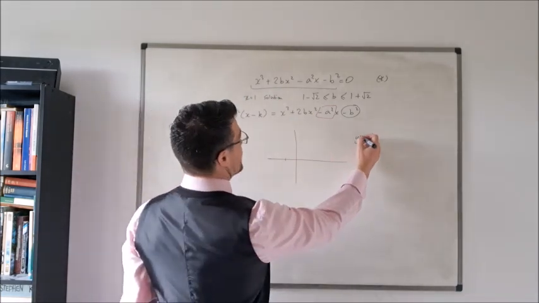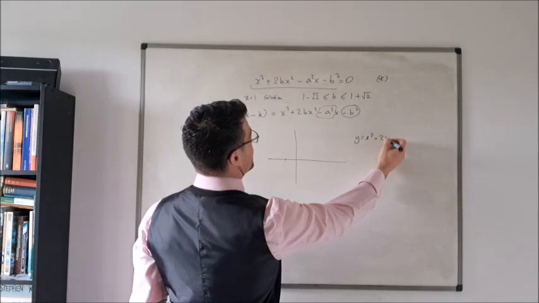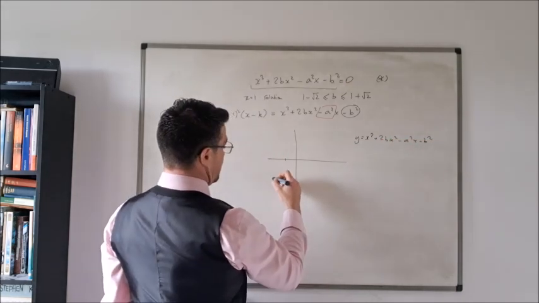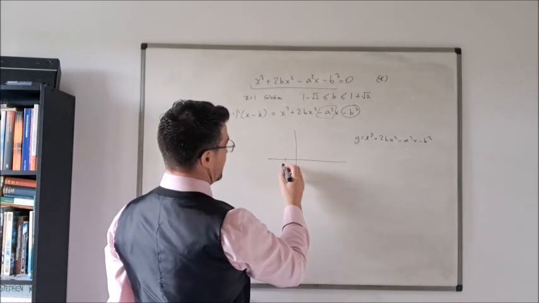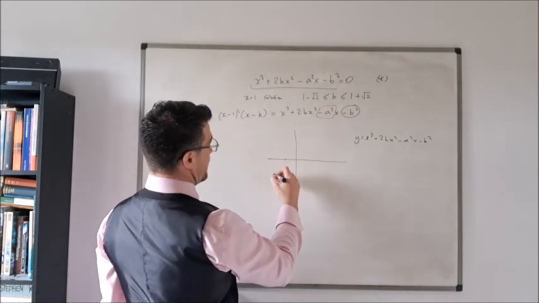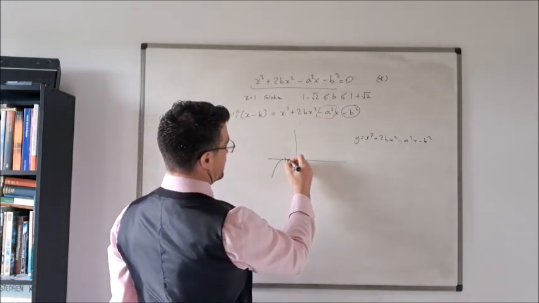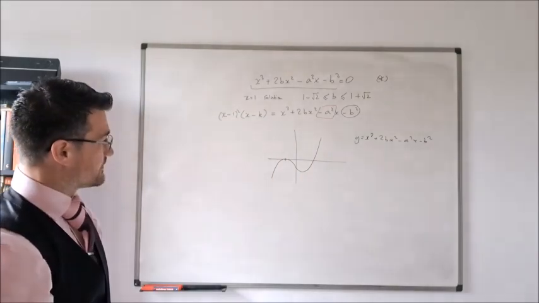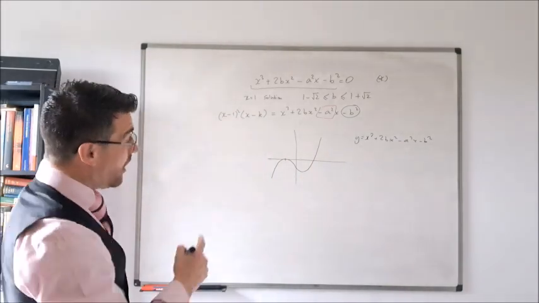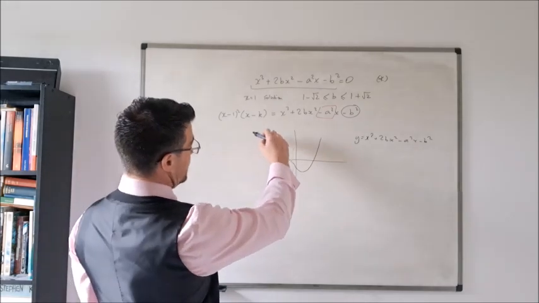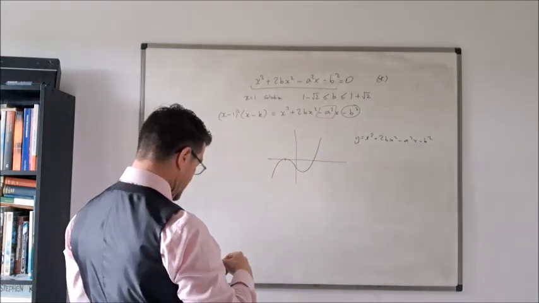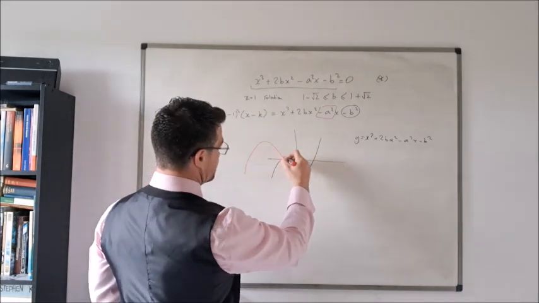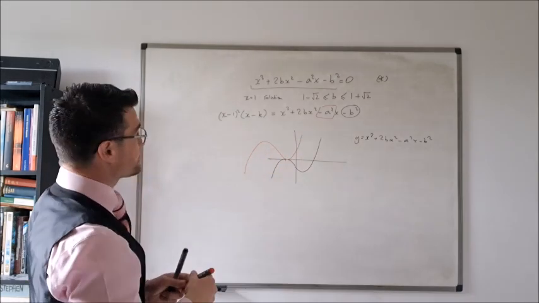So we're thinking about y equals x cubed plus 2bx squared minus a squared x minus b squared. It's going to have a repeated root here, so it's going to look something like that. Or it could be further over here, and it might have a repeated root. Another possibility is that we get a repeated root looking something like that.